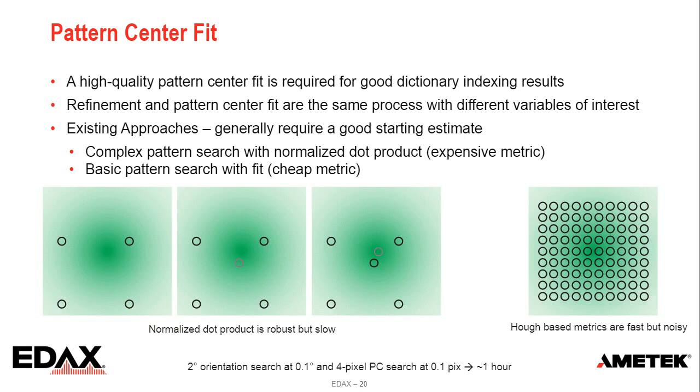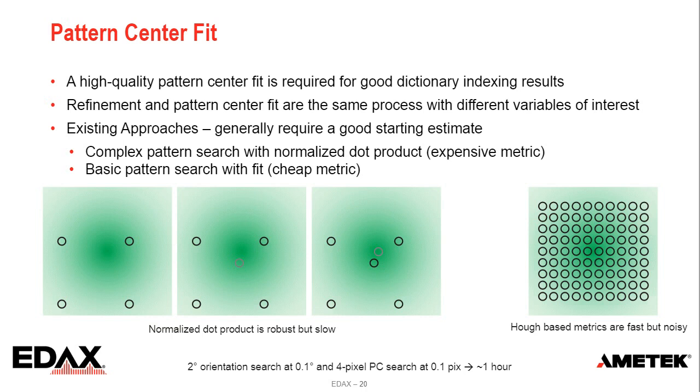Or you can do something that is very cheap to evaluate, like fit quality, and just do a brute force search because it's fast. If you do the pattern center tuning in analysis, that's the approach that's done there: you are using the band fit to minimize, and that's very inexpensive, so you can evaluate a bunch of different parameters very quickly to say where the best is over a high density grid.